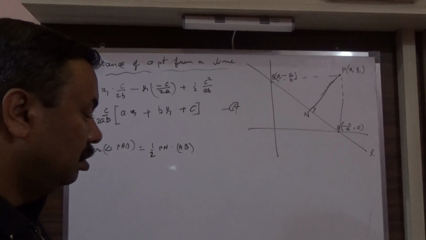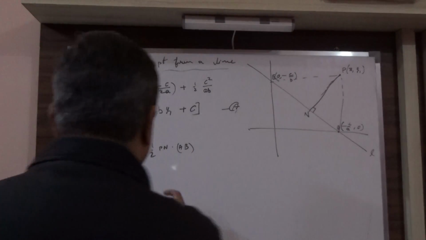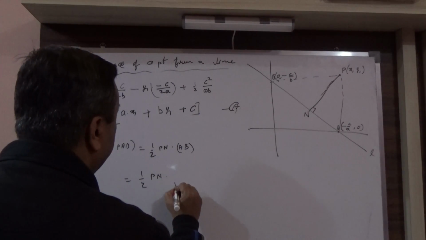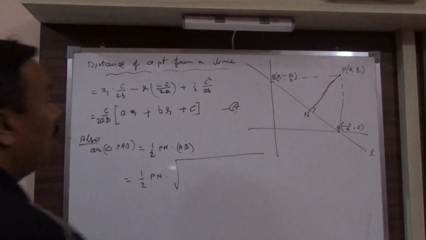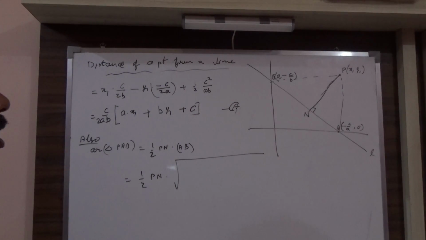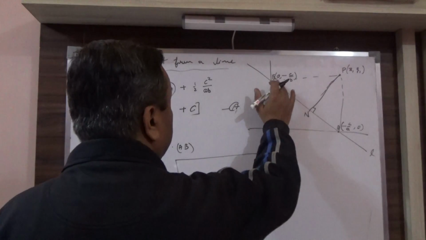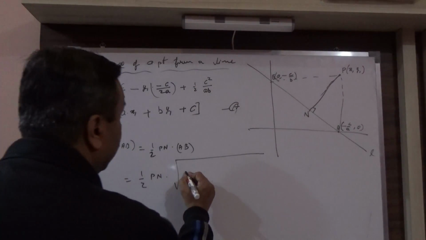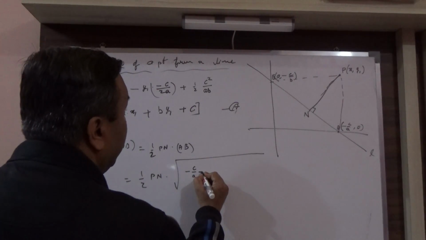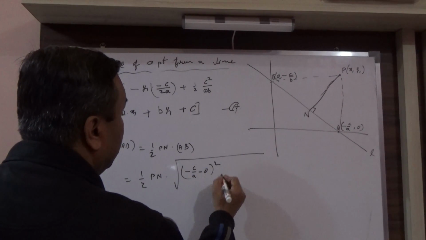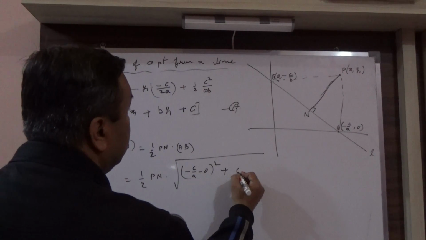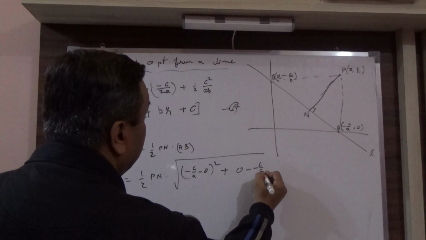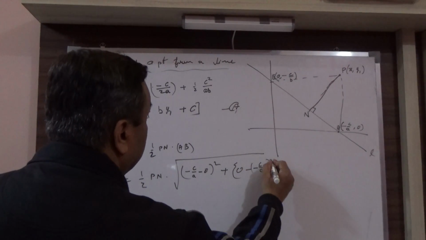The length of this. So it will be half of PN multiplied by square root of what? x1 minus x2 whole square plus y1 minus y2 whole square. So that is minus C by A minus 0 square plus 0 minus C by B square.